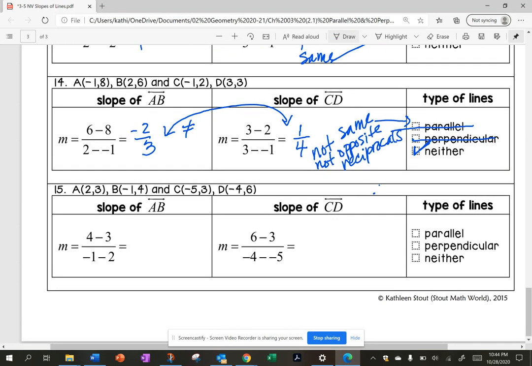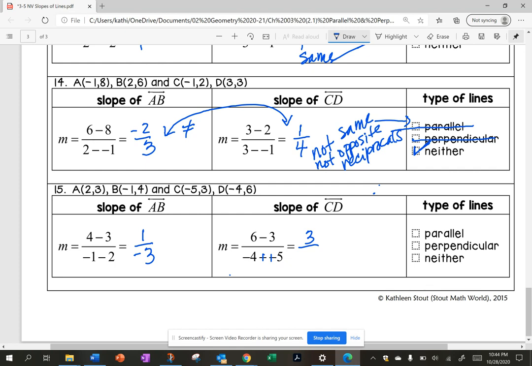I'm going to have you try the last one. I'll pause the video and see what you get. 4 minus 3 is 1. -1 minus 2 is -3. 6 minus 3 is 3. And -4 minus a -5 is really plus.